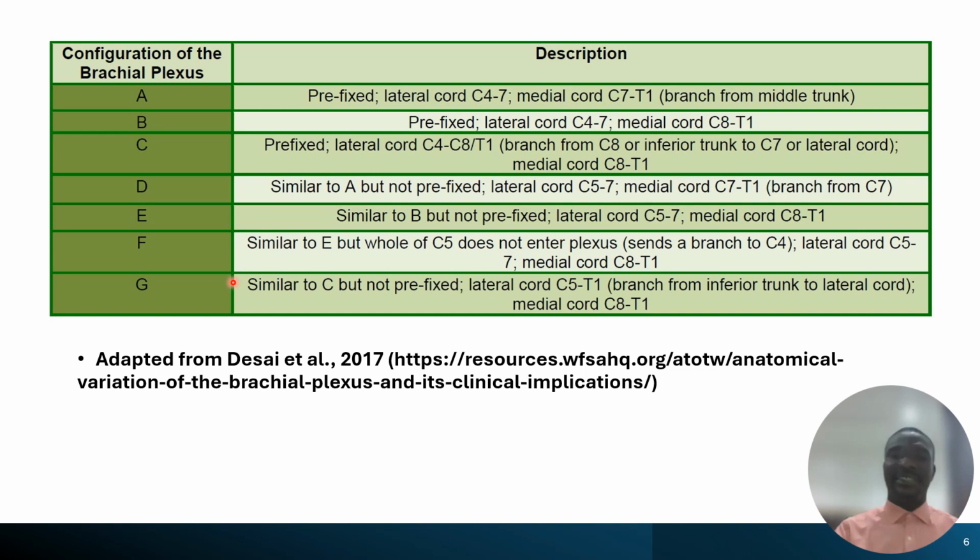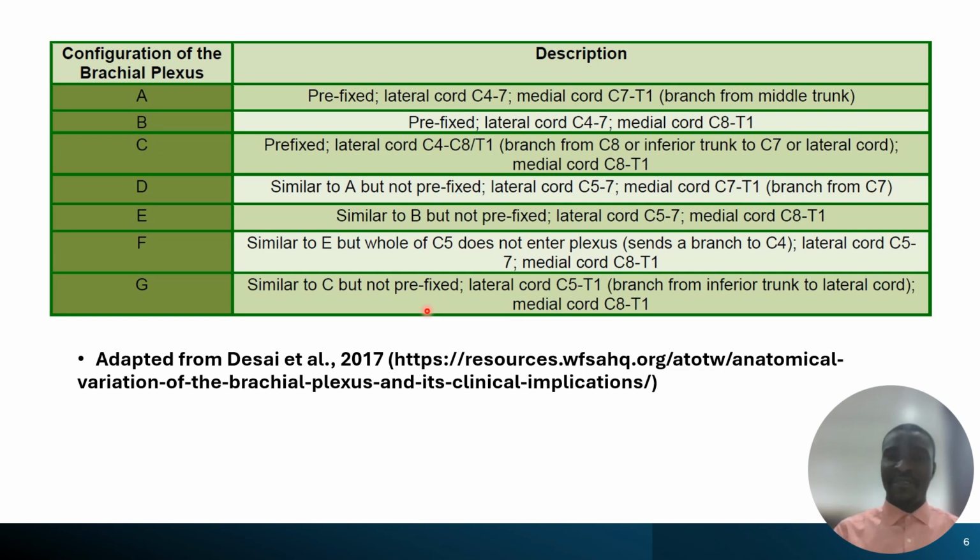So you have configuration F showing something similar to E, but the whole of C5 does not enter the plexus at all. And then you have the lateral chord coming from the C6 spinal root to C7, while the medial chord comes from C8 to T1.